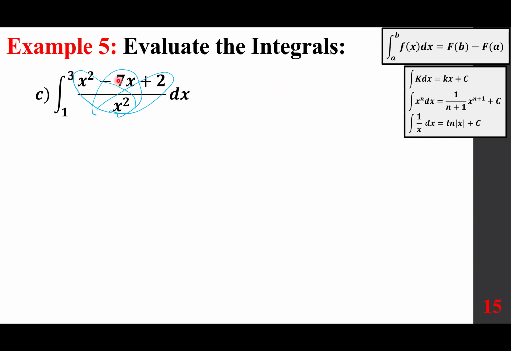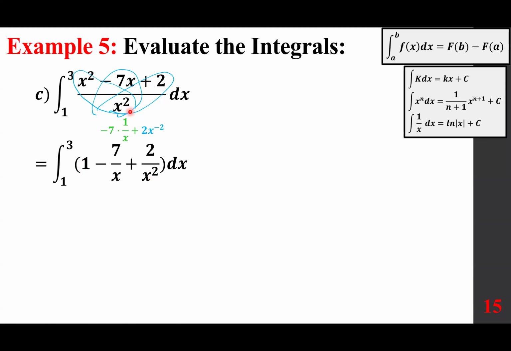The first one is 1, the second one minus 7 over x, and the last one 2 over x squared. Because I want to anti-differentiate, I'm going to change this to minus 7 times 1 over x, and I'm going to change this to 2x to the power of minus 2, so it becomes clear what we have here, everybody.